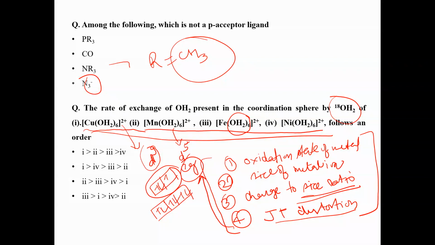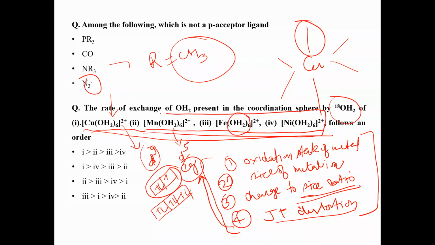If Jahn-Teller distortion occurs, these bonds will be elongated, so the rate of exchange will be much faster, a higher rate of exchange. And apart from that, in all these three cases, you will see the eg is symmetric.